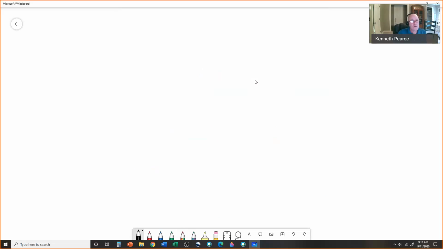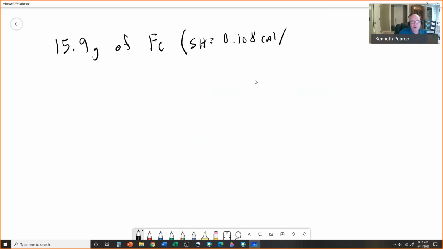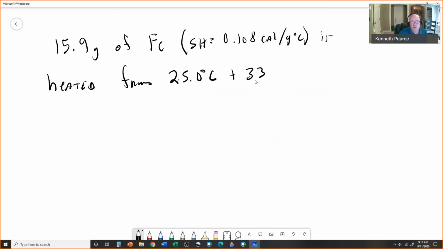So we take 15.9 grams of iron, and we're going to say the specific heat, and I'm going to look this up, is 0.108 calories per gram degrees Celsius, and it is heated from 25.0 degrees Celsius to 33.0 degrees Celsius. And I want to know, how many calories was that?